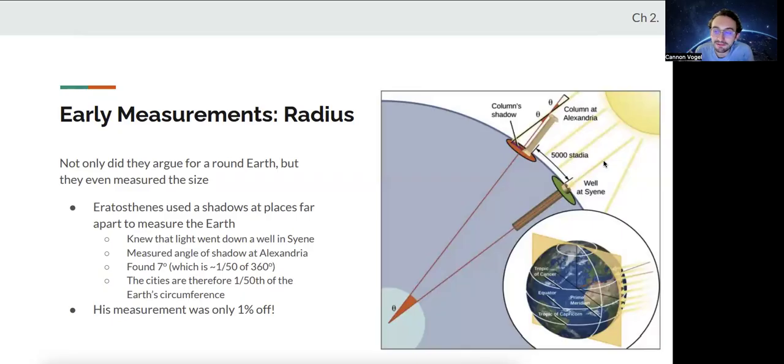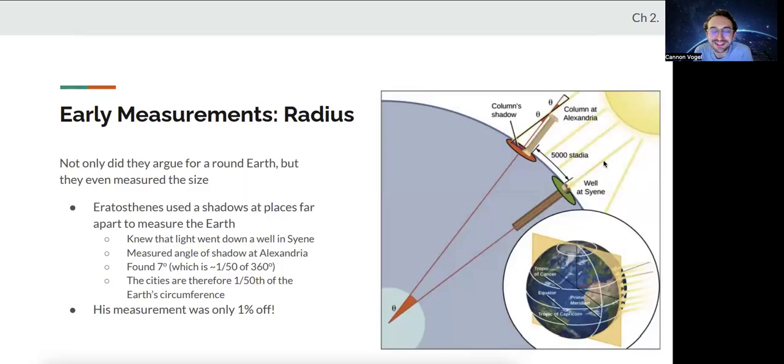And since he knew how far apart those two cities were, 5,000 stadia, which is an archaic unit of distance, he was able to measure the Earth's circumference and thus its radius, right, 2 pi r. And as far as we can tell, depending on which definition of stadia he used, his measurement was only about 1% off. So he was very, very precisely able to measure the radius of the Earth, which is kind of crazy.